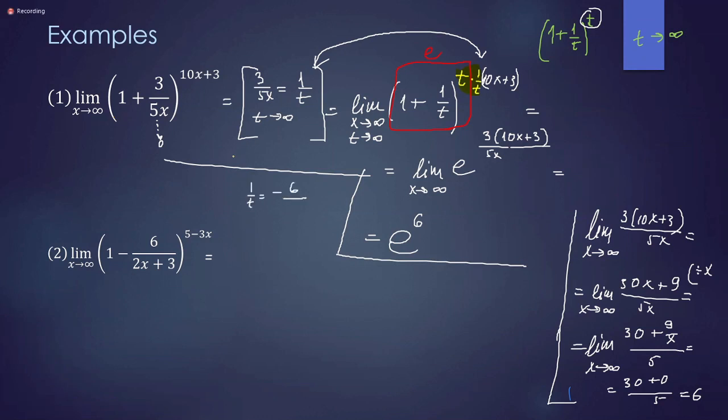Please note, the formula has a plus, and therefore, because I need plus 1 over t, I take the minus into t.